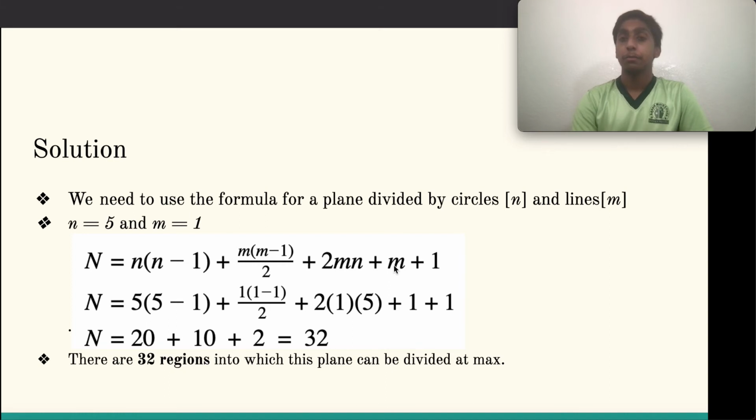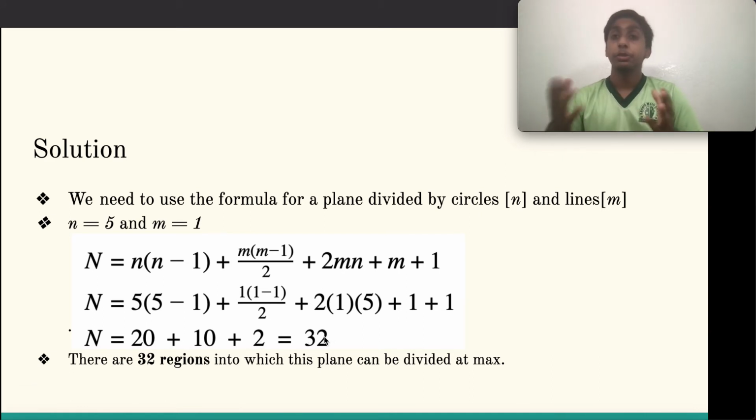And plus m, which is 1, plus 1, so that's going to be 2. 20 plus 10 plus 2 is 32. So there are 32 regions into which this plane can be divided at max. In case I didn't mention it, these formulas are for the maximum number of regions you can divide something into. So there are 32 regions at maximum that you can divide this plane into.